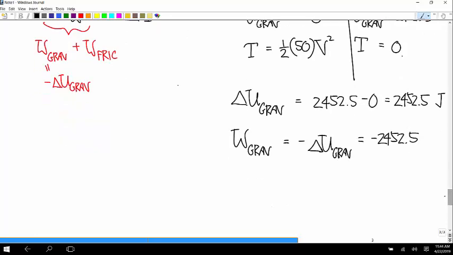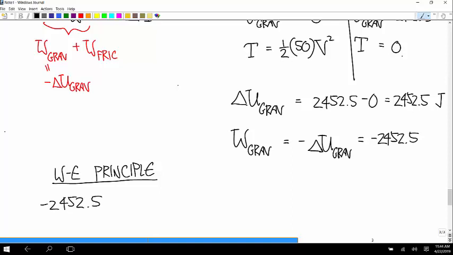And so now the work energy principle says the work done by gravity is negative 2452.5. Friction removes 400 joules. So am I going to add or subtract 400 joules from the work? Subtract, because it's removed.